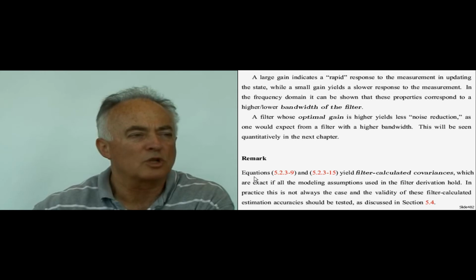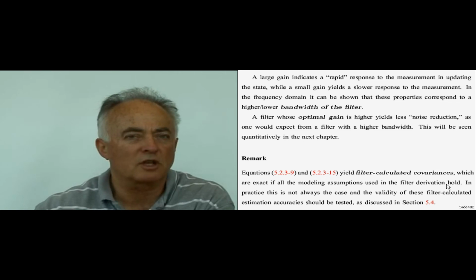It's also important to point out that we had equations 5239 and 15 that provide filter calculated covariances, which are really exact, but only if the modeling assumptions used in the filter derivation hold.